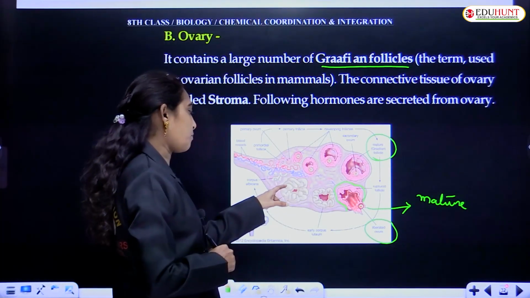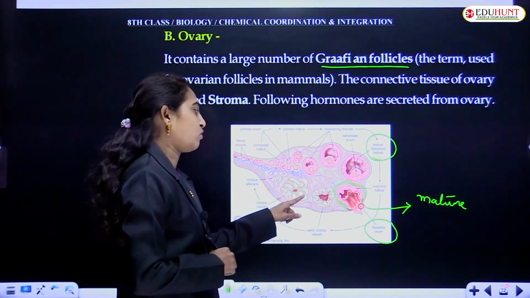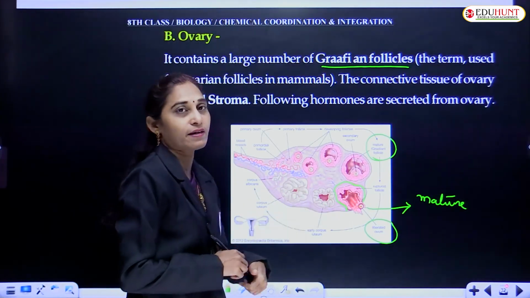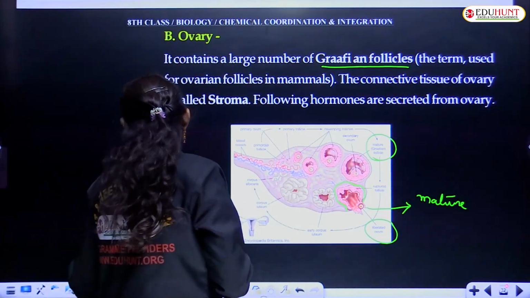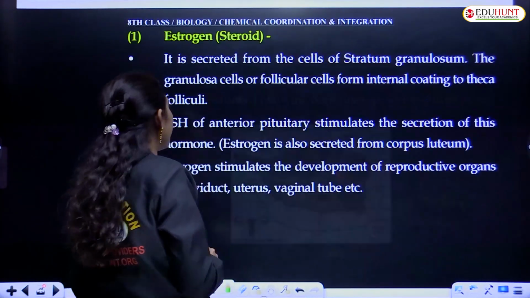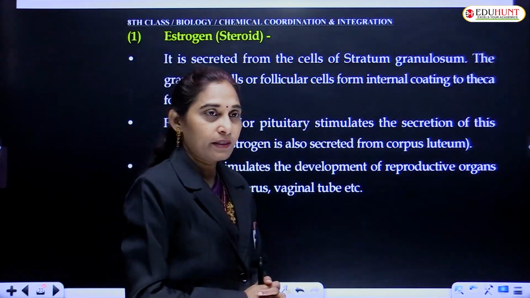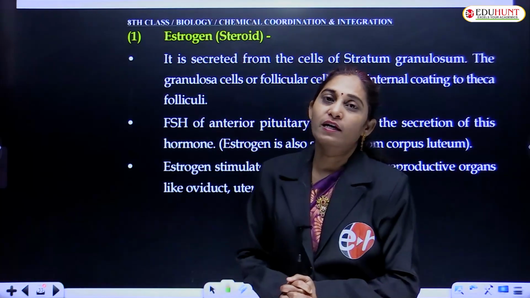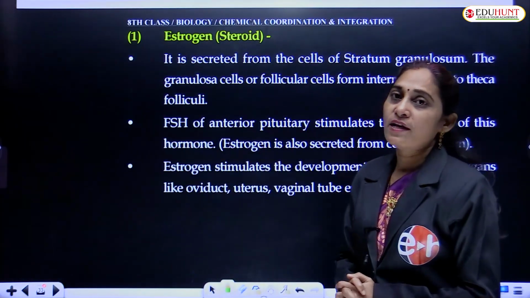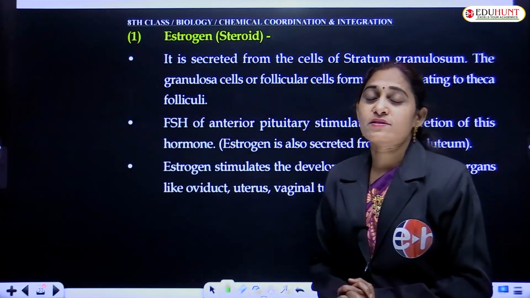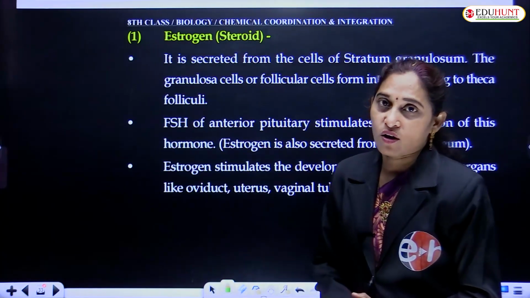You can see the development of the corpus luteum from the mature Graafian follicle of the ovary. There are two different hormones released by the ovary: one is estrogen and the second is progesterone.